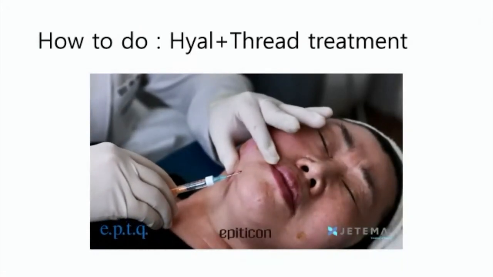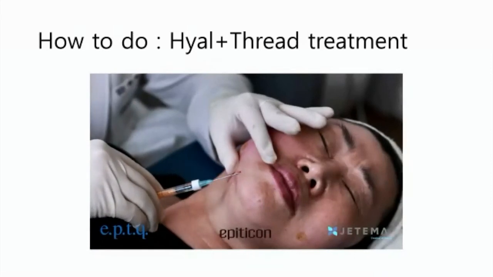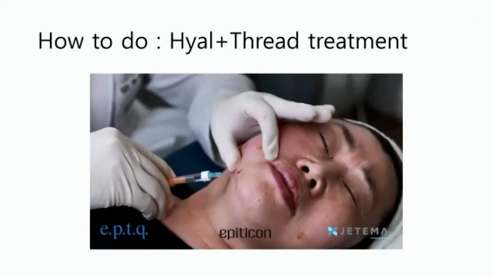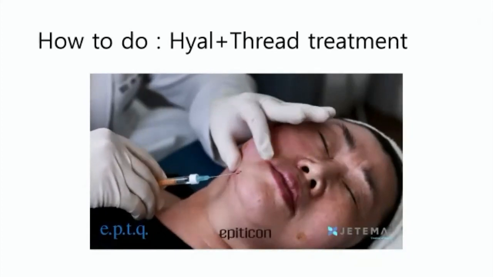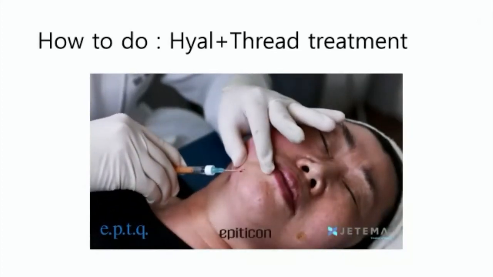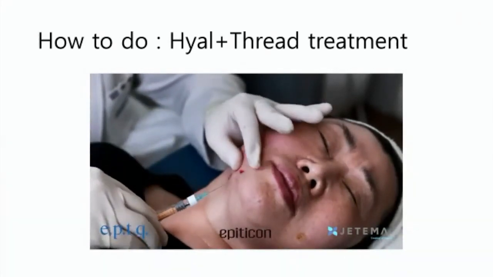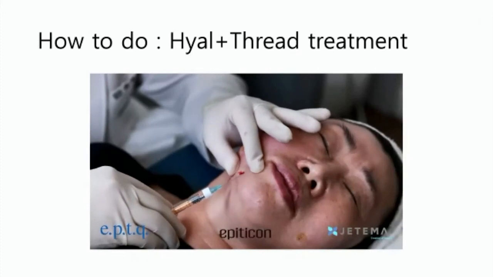Usually I use 1 cc of the filler for one side of the marionette lines. But depending on the patient's conditions, especially the depth of the marionette line, sometimes you use 1.5 cc and sometimes 2 cc.